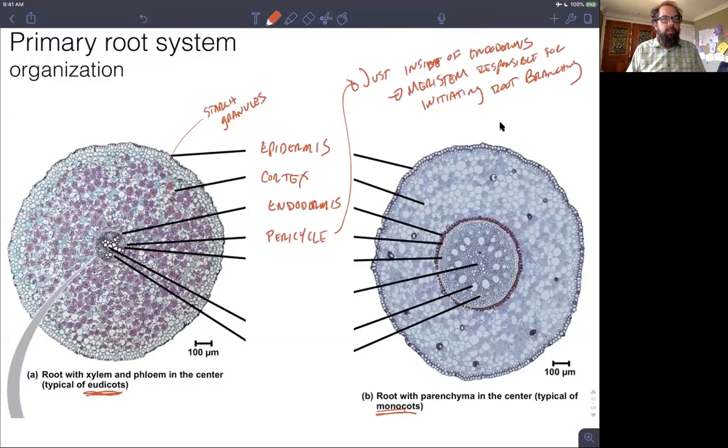Now, like I said, I'll come back to this one on the next slide. This whole region in the center, inside of the endodermis, we call the vascular bundle or vascular cylinder. The vascular cylinder is the endodermis and everything inside of it, and that's the vascular tissue inside of the root, and it's always in the center of the root.